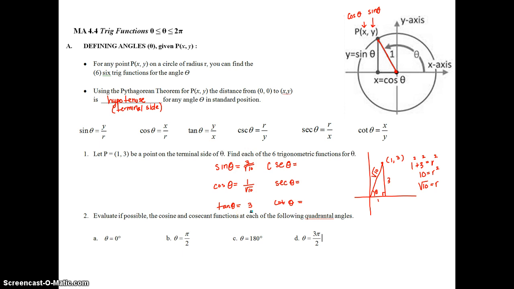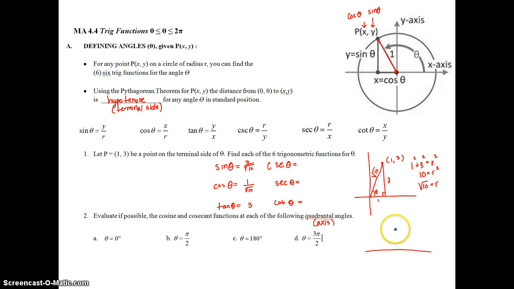Okay, so we're also going to use the unit circle today to find the cosine and cosecant of quadrantal angles. So remember, quadrantal angles were the angles that fell on the axes, right? So on the y-axis and on the x-axis.